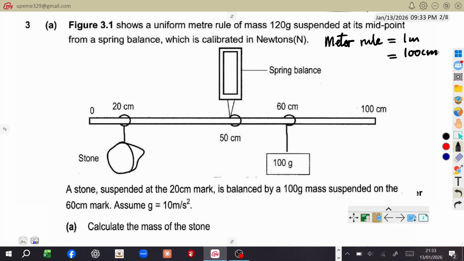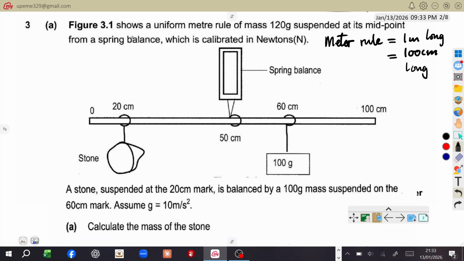When you hear meter rule, we are talking of that meter rule which is 1 meter long, or 100 centimeters long. Then they're saying of mass 120 grams suspended at its midpoint.